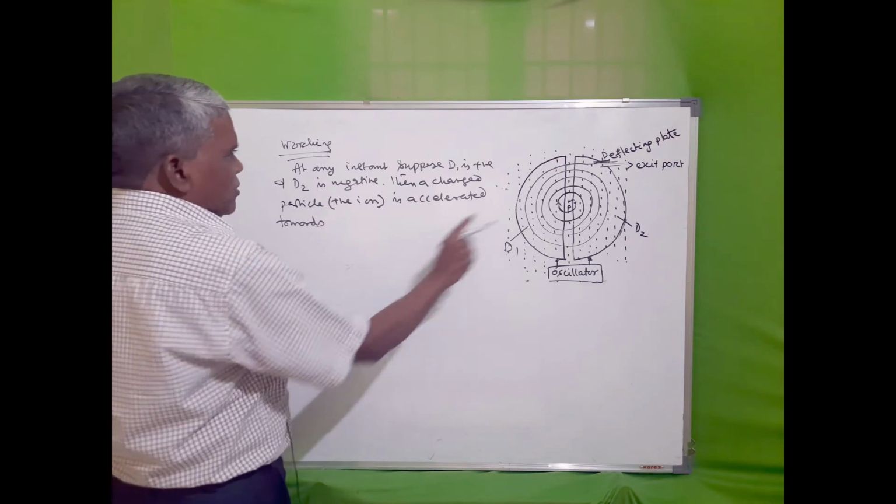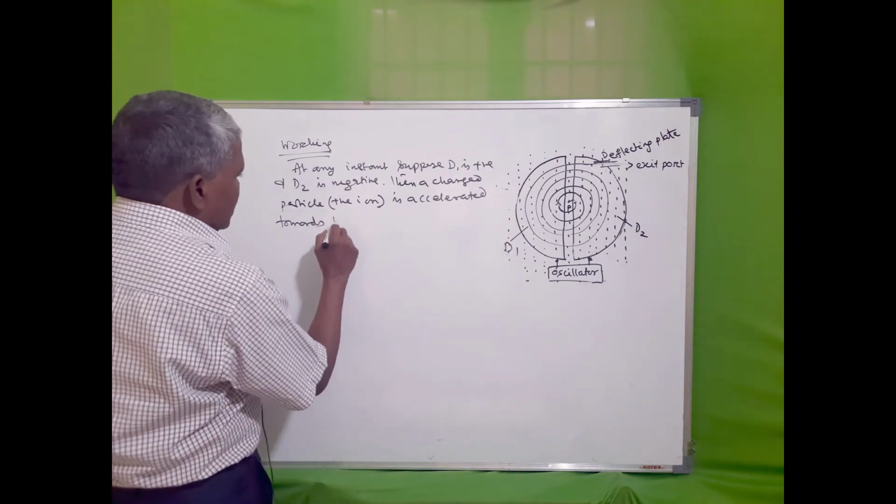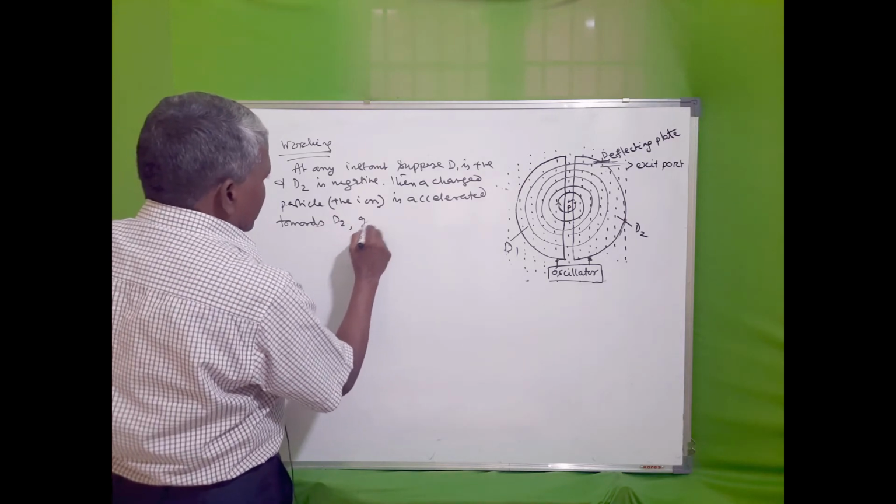This is negative, so positive charge will be attracted towards negative. It accelerates towards D2 and gains velocity.